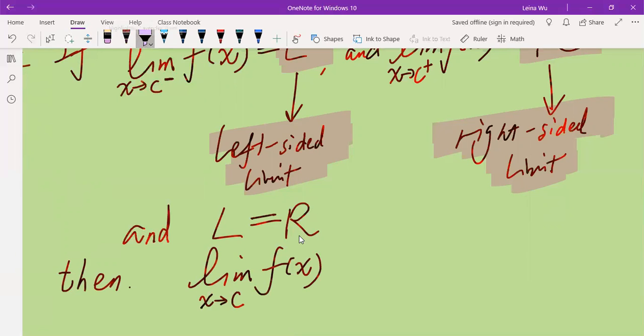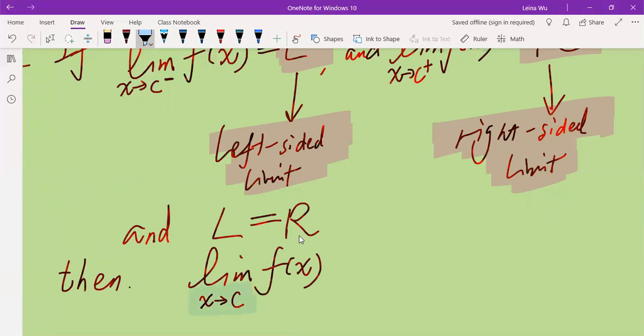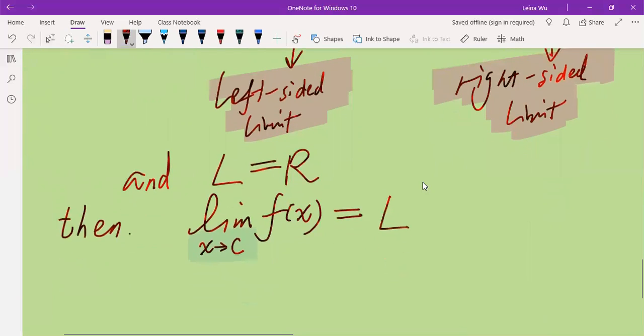You probably have noticed the change of notation: x approaches c without putting a plus or minus sign in the upper right corner equals the limit L. And when you see this notation, this is referring to the two-sided limit.